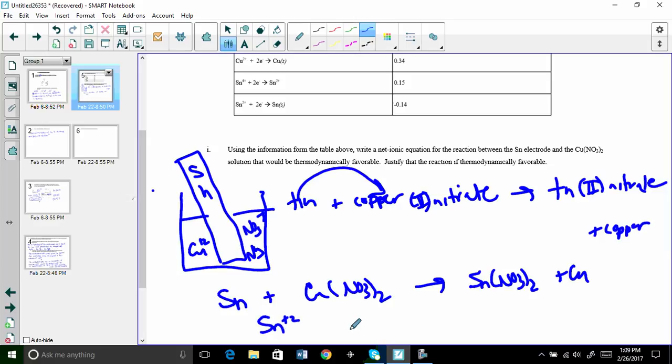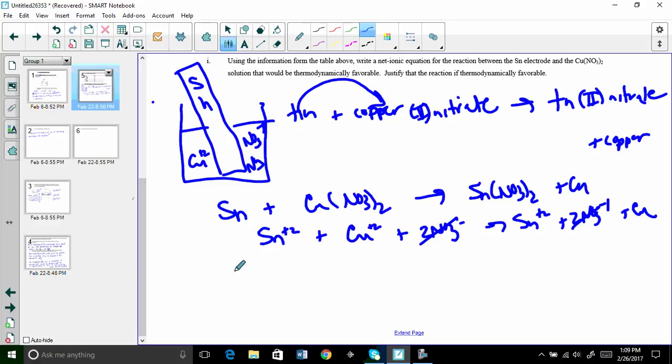And so you get this same kind of equation where this dissociates into copper 2 and 2 nitrates, and then this dissociates into tin and 2 nitrates, and then copper. But with that spectator ion stuff, the nitrates are gone. You end up with tin metal and copper 2 ions turning into tin ions and copper metal.